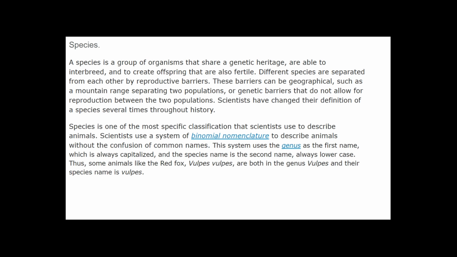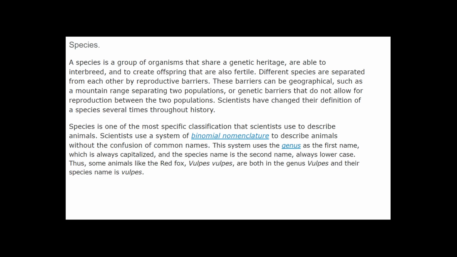It's not ideal, but it's the best. It's not ideal, for example, because we can't be certain if animals which are separated from each other can interbreed or not. I can say more about that in a bit.